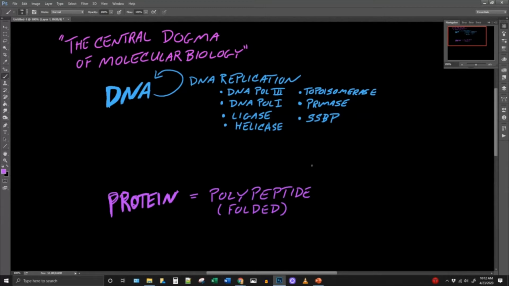Like right there. And what is a polypeptide? It's a chain of amino acids held together by peptide bonds.